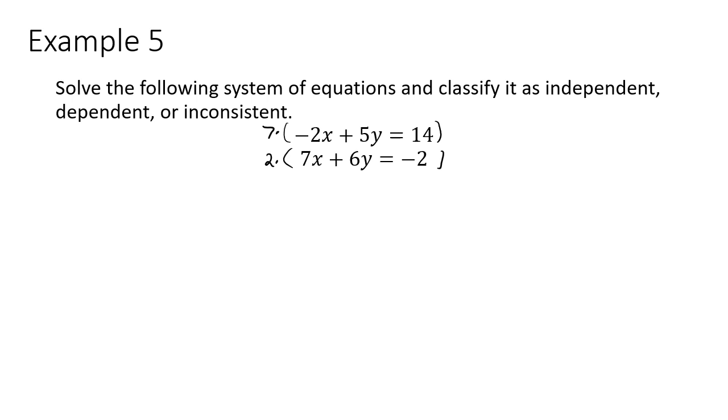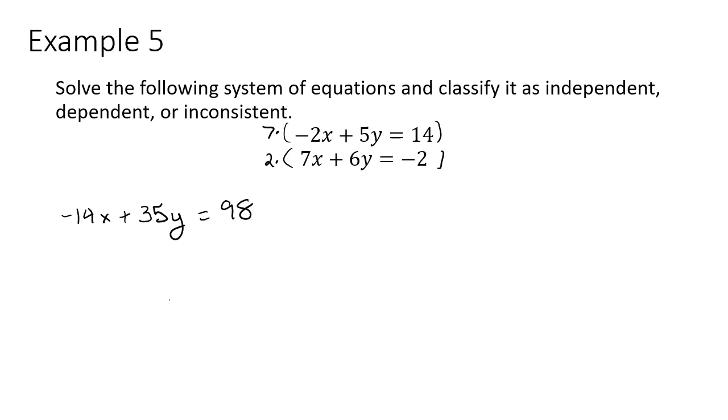Now this is going to give us some pretty big numbers because we are going to get 7 times 14 here. So this is going to give us a minus 14x plus 7 times 5, so we would have a plus 35y, and this would be equal to 7 times 14, which would give us a 98.